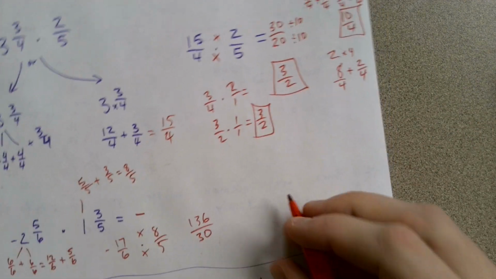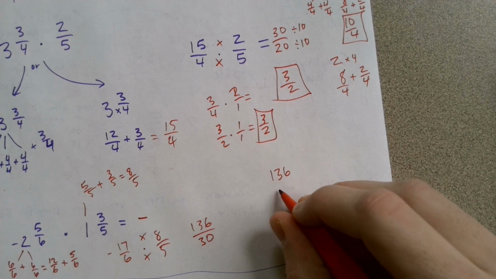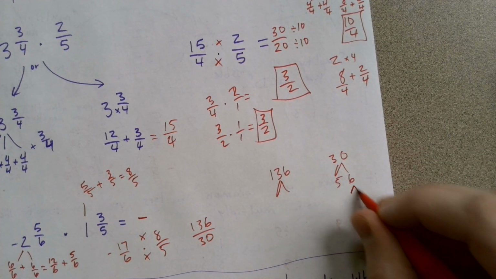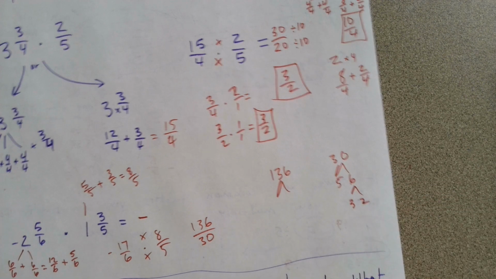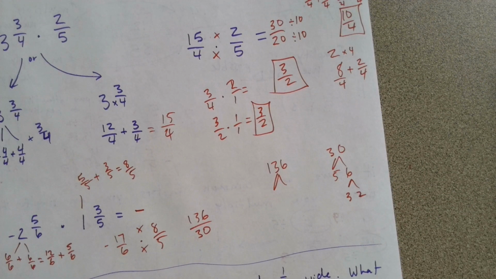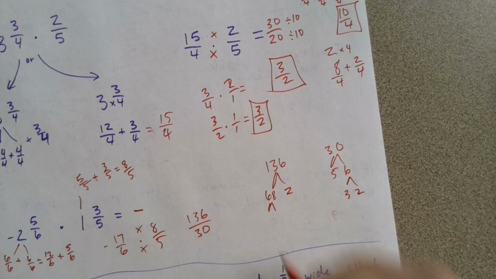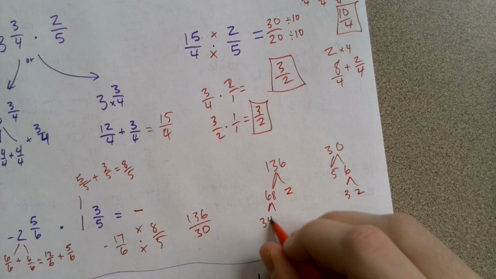We can find the greatest common divisor here by making these factor trees. These ones might be a little bit bigger. I'll make this one a 5 and 6, and a 3 and 2. Done on that side. I'm going to start by just dividing this one into 2 and make it a 68 and 2. Split up again, make it a 34 and 2.